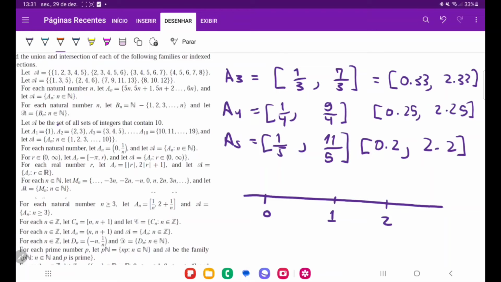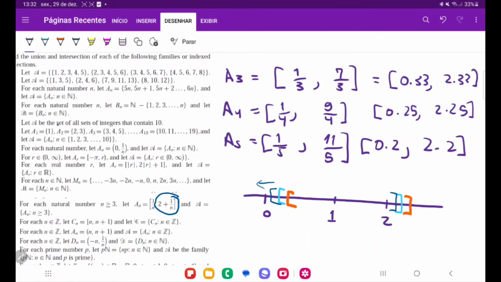It begins here at 1/3 and then 7/3, and then it keeps shifting over to the left. So it's going to go like this, and then maybe, let me draw that in a different color, like this. But the important thing to notice is that the left-hand boundary is never going to go past 0. It's always going to be slightly bigger than 0. And similarly, the right-hand boundary is never going to go past 2, because this is 2 plus 1 over n, so it's always going to be slightly bigger than 2.